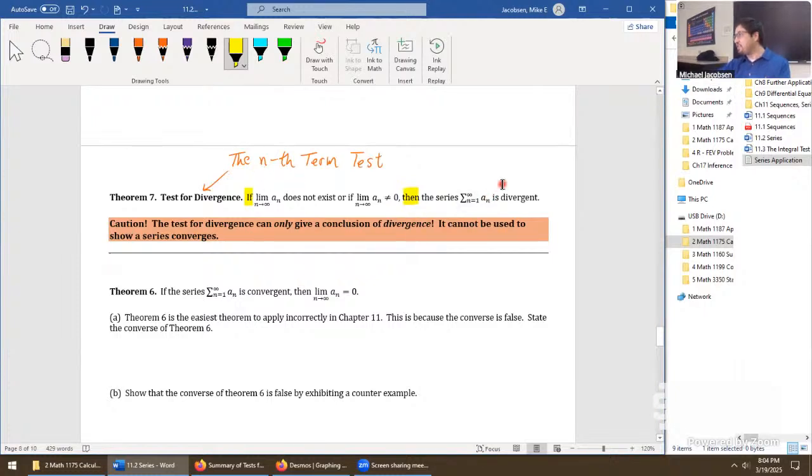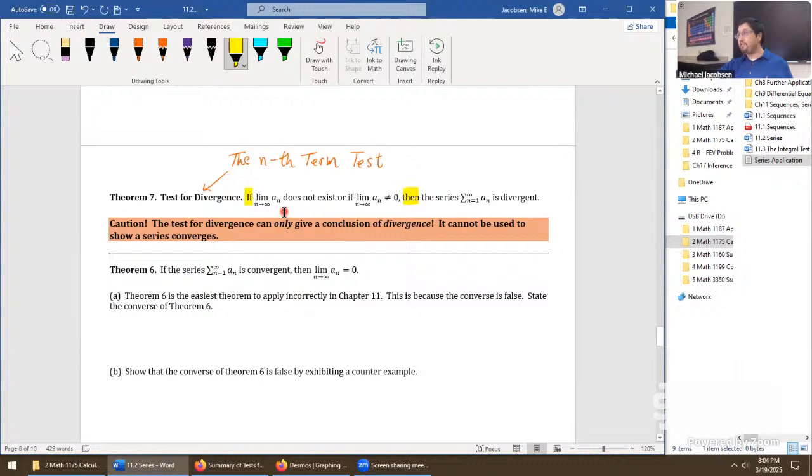If we start with, say, that the series is divergent, we can't move backwards and say the limit does not exist or is non-zero. That's kind of unfortunate. And here's another big problem. Even if the limit is 0 on this, it doesn't mean convergent over here either. It's really very restrictive on how this test works.